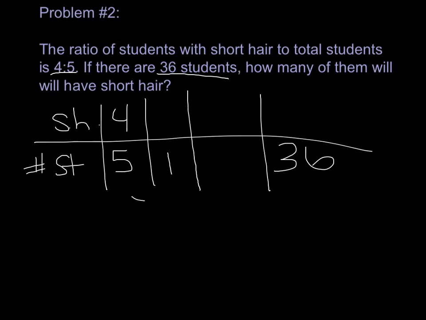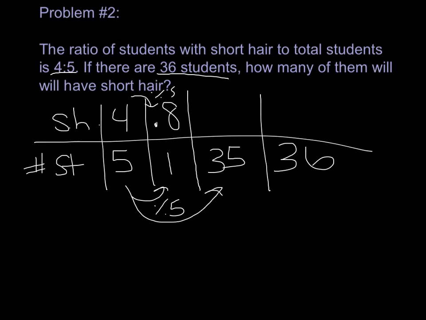I know that 5 divided by 5 is 1. So 4 divided by 5 is 0.8. I can go from 5 to 35 by simply multiplying by 7. So again, 4 times 7 gives me 28.